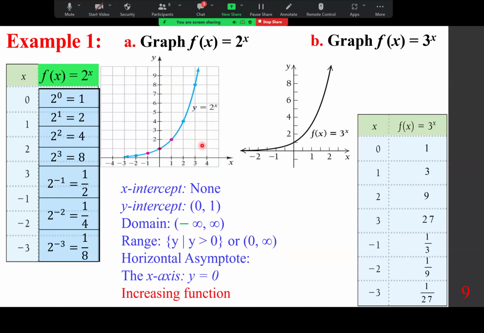Domain, all real numbers. Range, from 0 to infinity, but 0 is not included. Horizontal asymptote, the x-axis. What is the equation of x-axis? Y equals 0. Both cases are increasing functions. So this is an increasing function, so is this one.